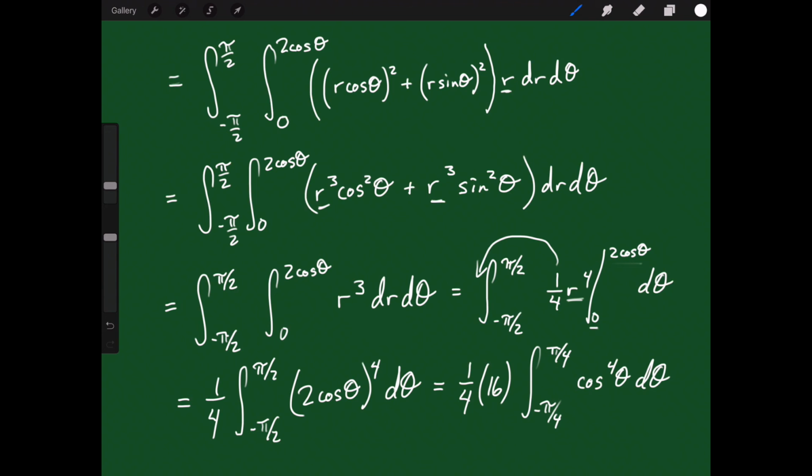Okay, so outside you can see now I will have just a 4. And then on the inside, I'm going to need to use a half angle identity. So let me rewrite this. So now outside, I just have 4.